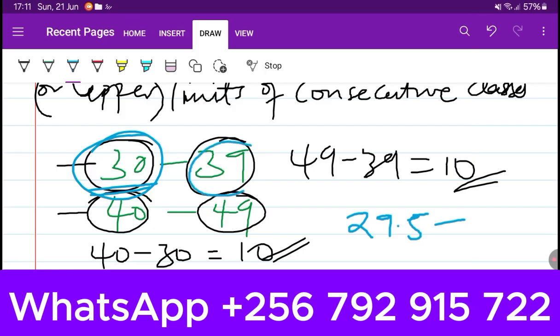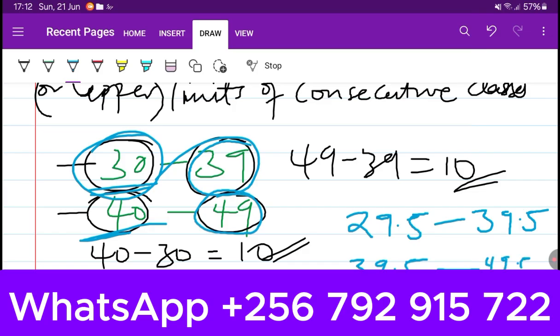Then on this one, we add 0.5. So it will be 39.5. For this one, it will be 40 minus 0.5. So it will be 39.5. Then on this one, we add 0.5. So it will be 49.5.